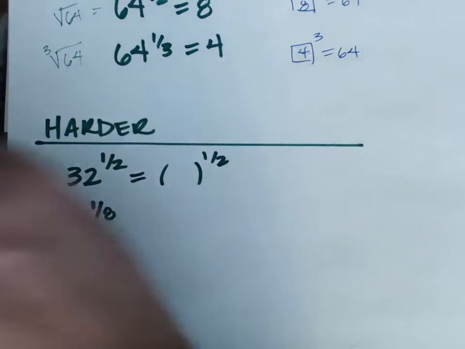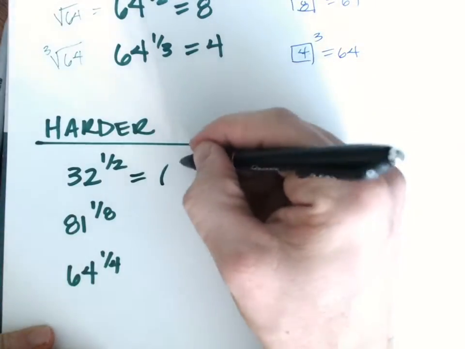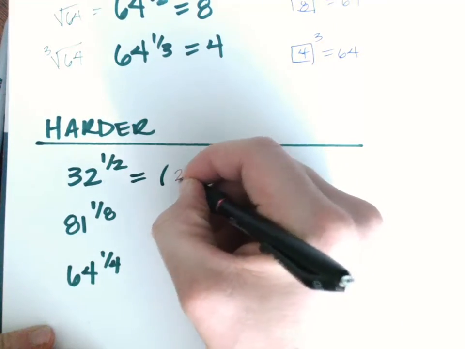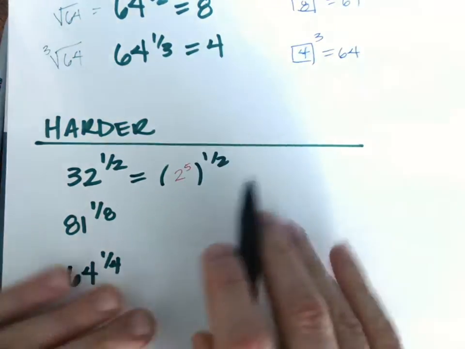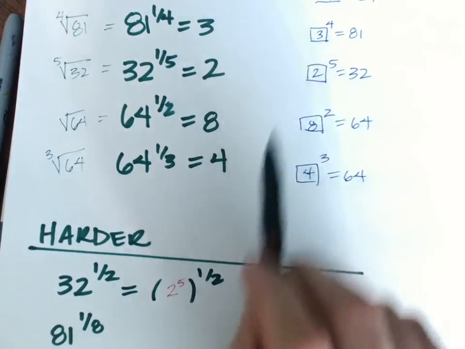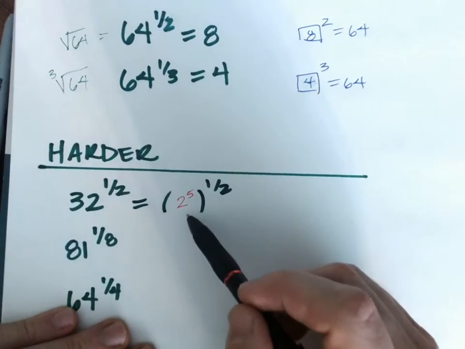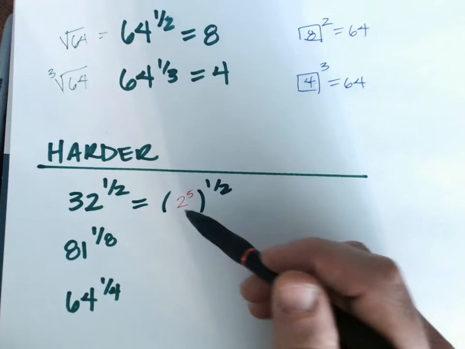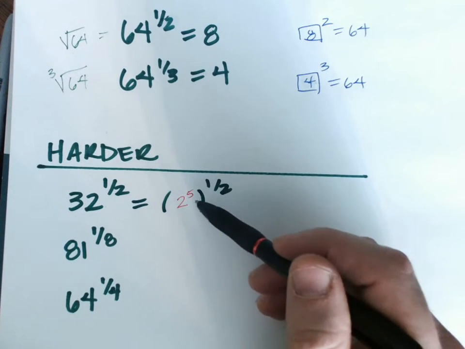And so we're going to do a substitution. So 32 is the same as 2 to the fifth. That was discussed up here. We're going to replace 32 with 2 to the fifth and simplify using our exponent rules.